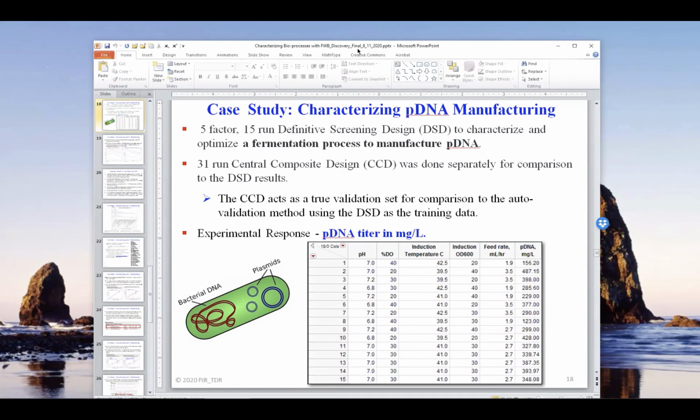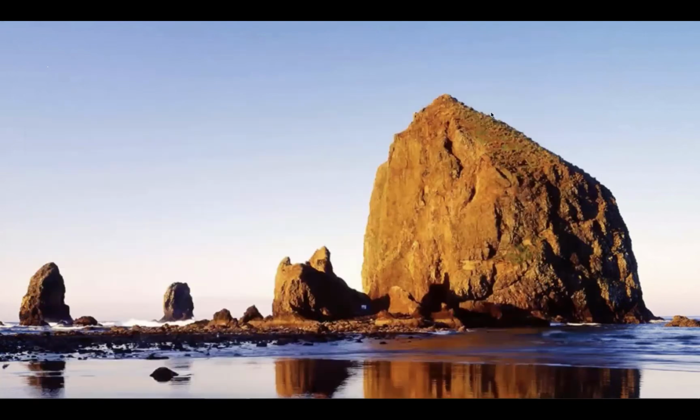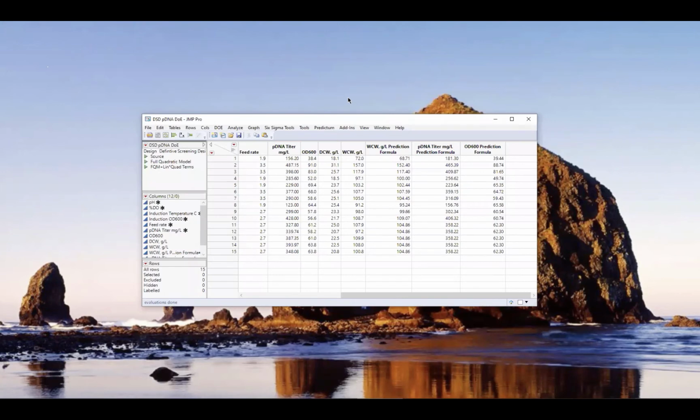So at this point, I'm going to go ahead and switch over to JMP. And what I want to do is demonstrate a product we have developed at Predictum, which is built on the JMP Pro platform. What the product does is more or less automate the S-VEM procedure.